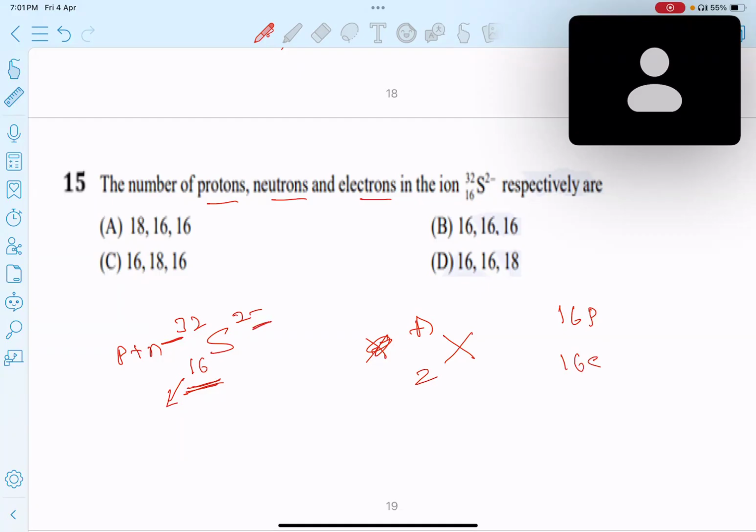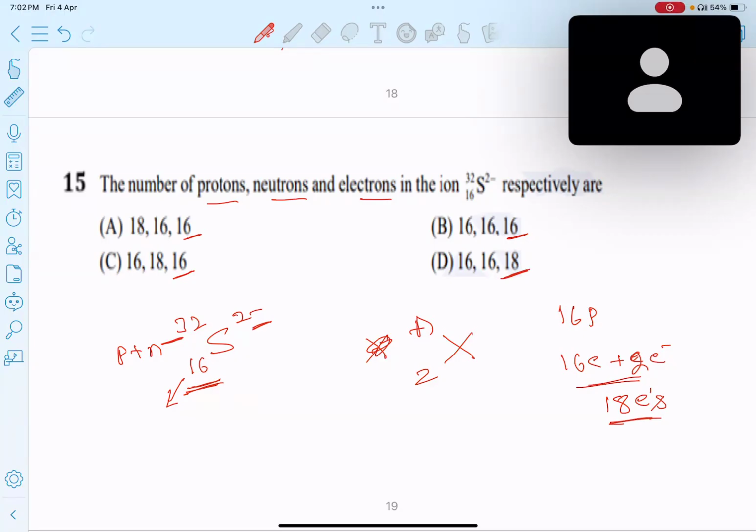It means 2 extra electrons are added in the species. So the total number of electrons present in the given ion is 18. In which option? Option A, number of electrons given 16. Option B, 16. Option C also 16. But option D, number of electrons is given 18. Therefore, the correct option is D only.